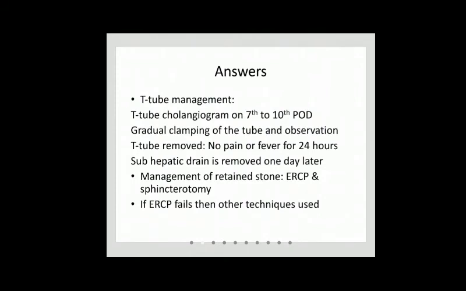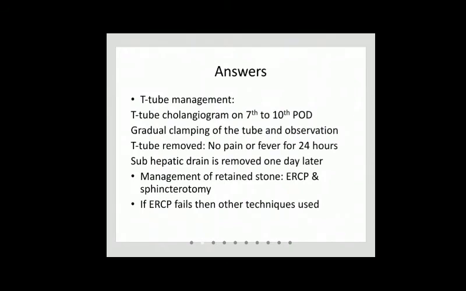Carcinoma that arises within 1 to 2 centimeters of the ampulla of Vater. These include distal cholangiocarcinoma, carcinoma of the ampulla of Vater, duodenum, and pancreas. These are the important malignant causes of jaundice.